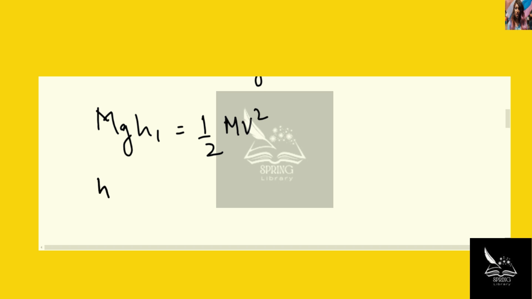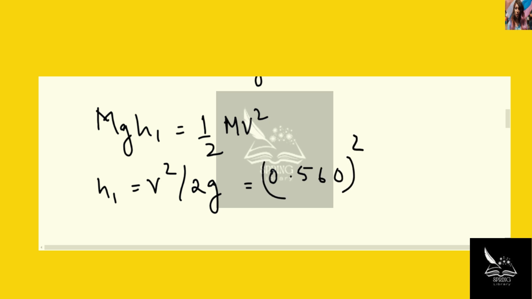So h1 equals V squared upon 2g. That is 0.560 the whole squared upon 2 into 9.8, which equals 1.60 centimeter.